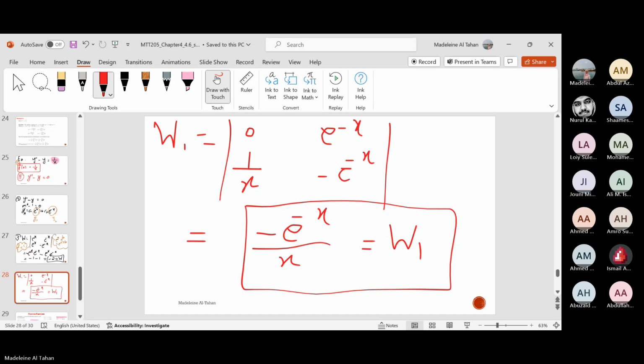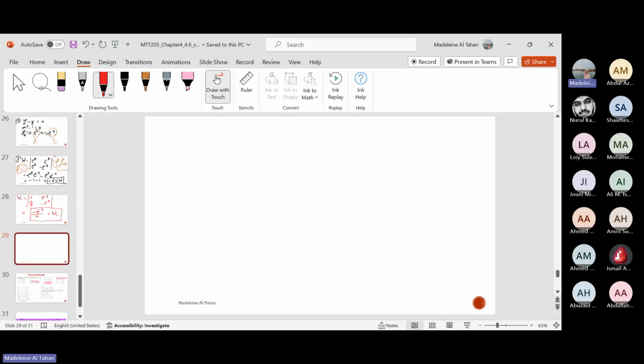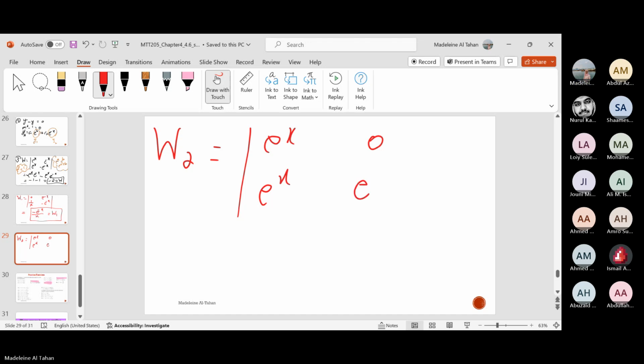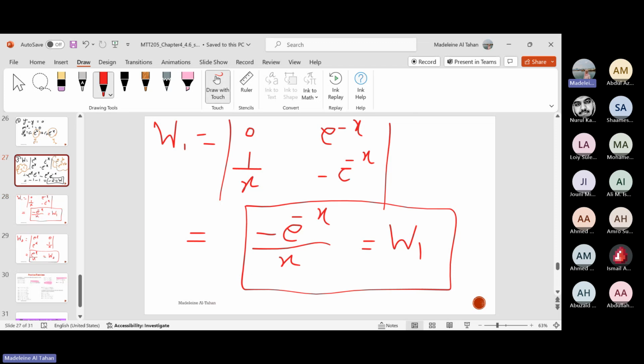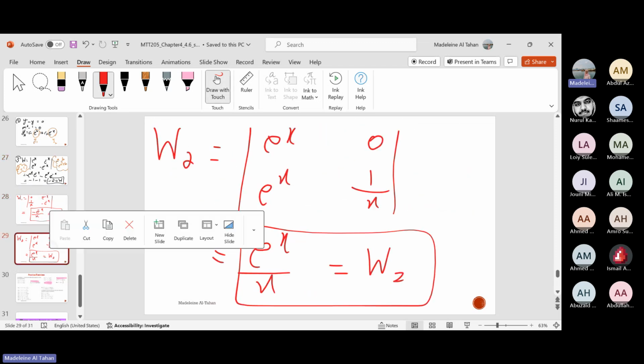Doctor, now what do we need after that? W2, which is e^x, 0, 1 over x. 0, 1 over x only, right? So we'll get e^x over x. This is W2. So if we go back, we found W, W1, W2.